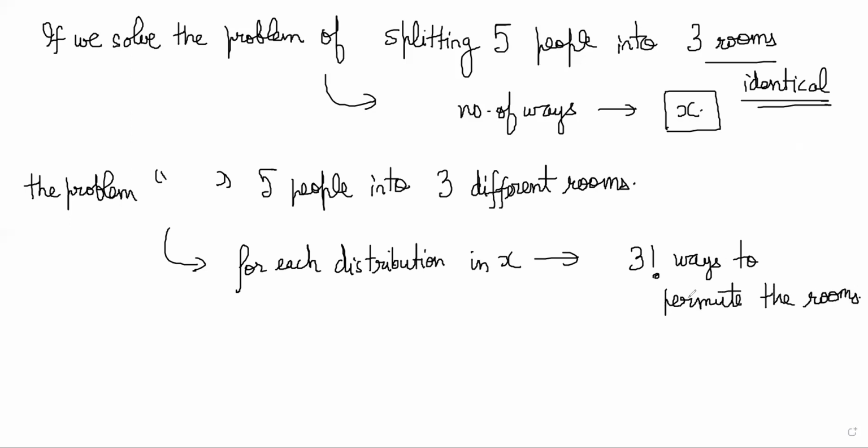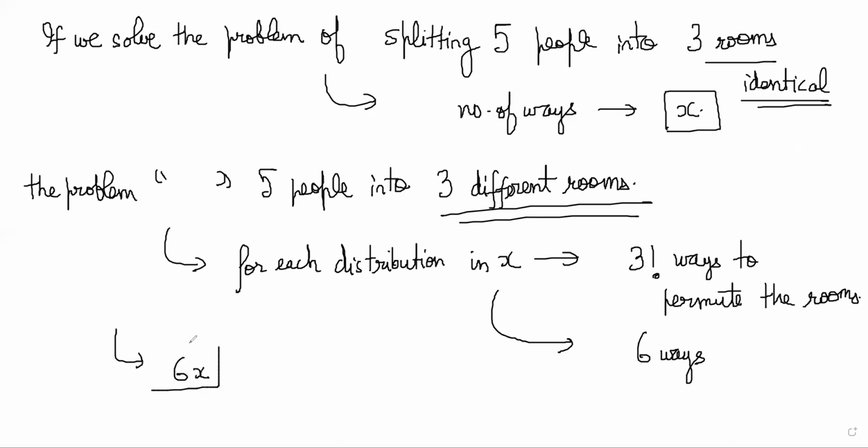So basically there are 6 ways for each distribution in x. There are 6 ways to change the room order, right? Because the rooms are different, there are 3 factorial ways to permute them. So you'll get 6x as the answer for this problem, because the rooms are all different now.